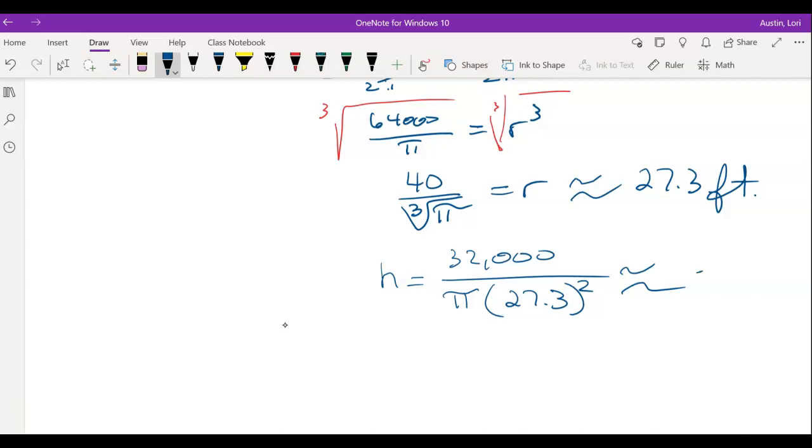Choose your calculator. What do we get? 13.